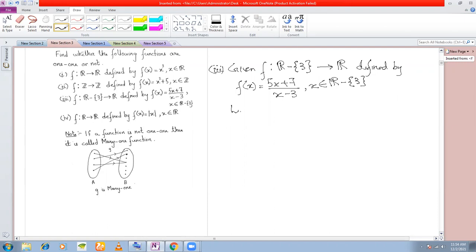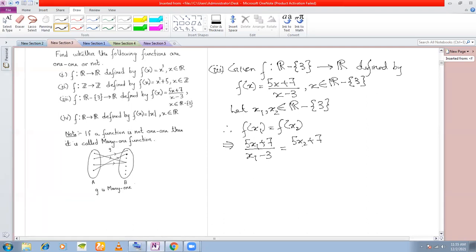Okay. Now we want to check whether this is an injection or not. So I start by saying let x1, x2 belong to the set A, which is the set of real numbers except 3, right? So therefore, what does f(x1) is equal to f(x2) imply? It means (5x1 plus 7) divided by (x1 minus 3) is equal to (5x2 plus 7) divided by (x2 minus 3), right?